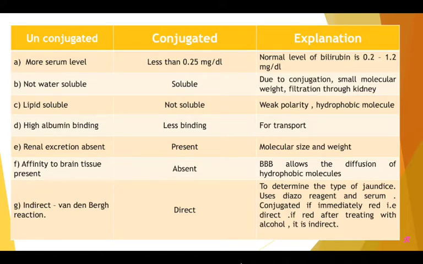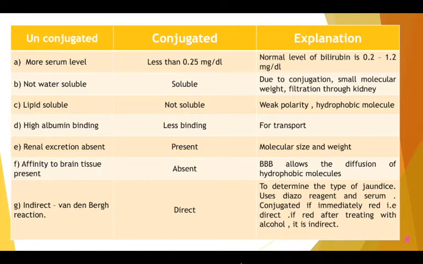Okay, the third one, point C, is lipid solubility. As we all know, another reason for water solubility is the polarity of the compound. If a molecule is polar, it will be water soluble.